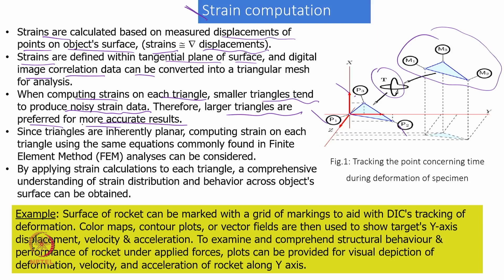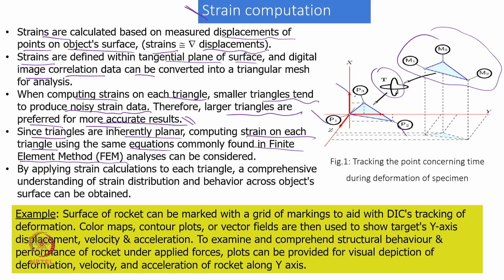However, in finite element we say smaller triangles are preferred, though of course there is always some sort of numerical limit. If smaller than that, it will give a more inaccurate result. So, we always have those limits. However, in this case slightly larger triangles are kept. Since the triangles are inherently planar, computing strain on each triangle uses the same equations commonly found in the FEM method.